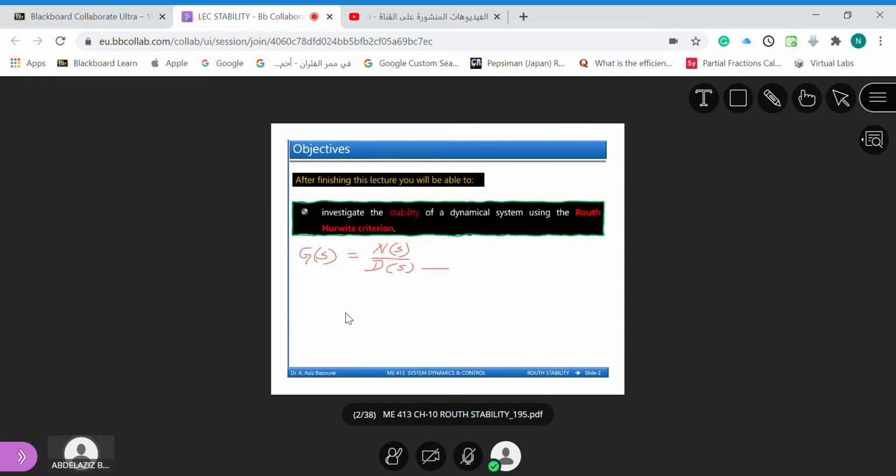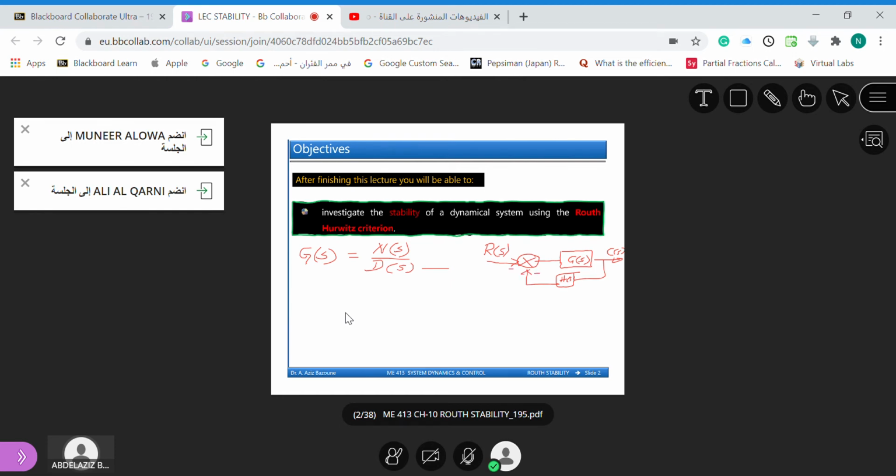Usually, if we have just one unity feedback, if this is g of s, and this is the output c of s, and you are taking a feedback h of s, here we have the feedback, and then here we have our desired input, which is r of s.